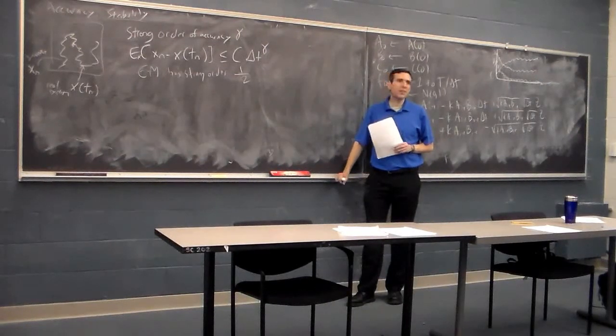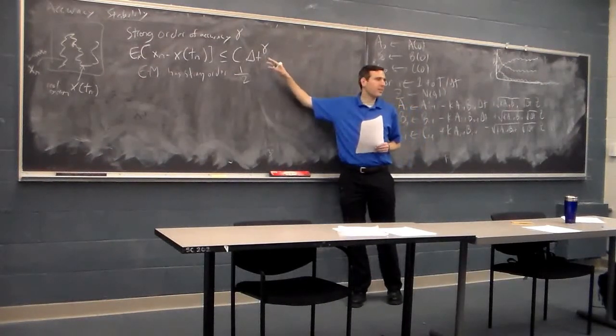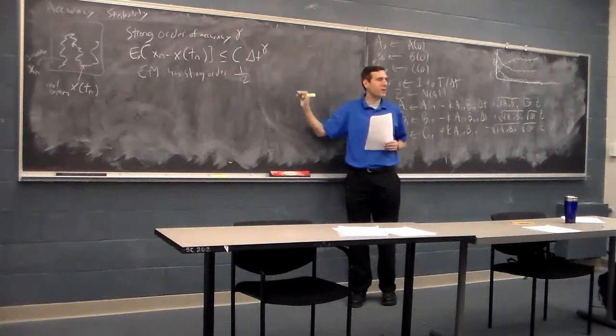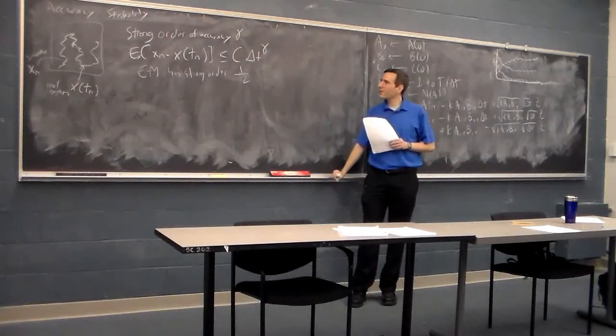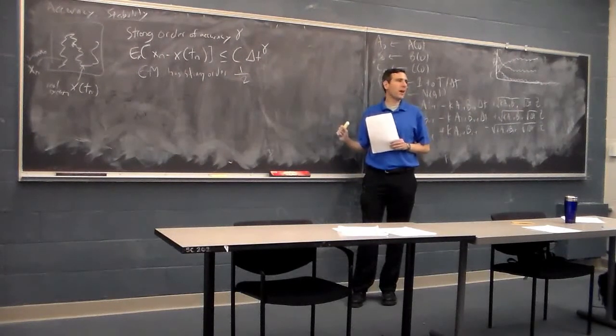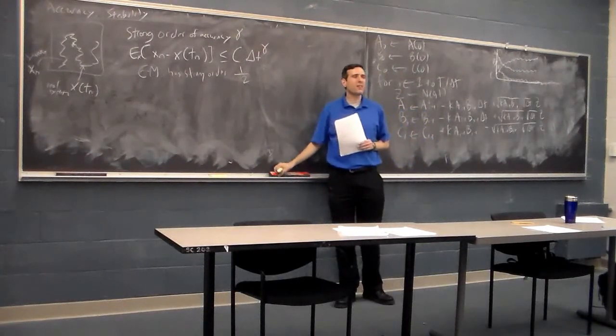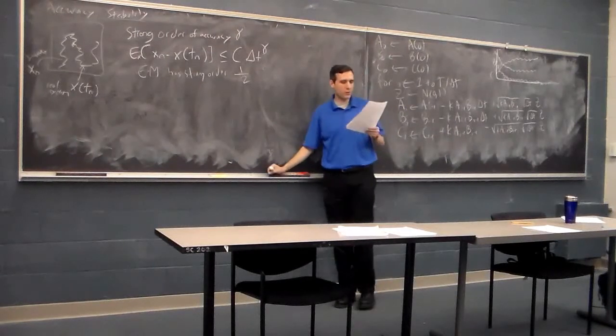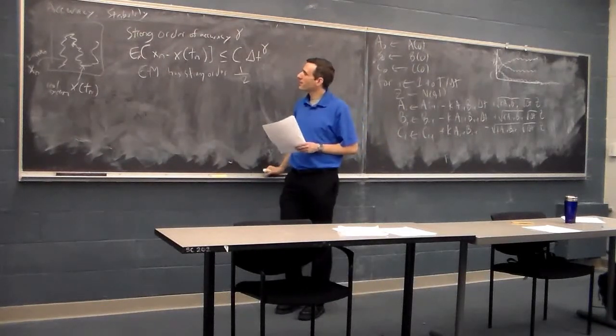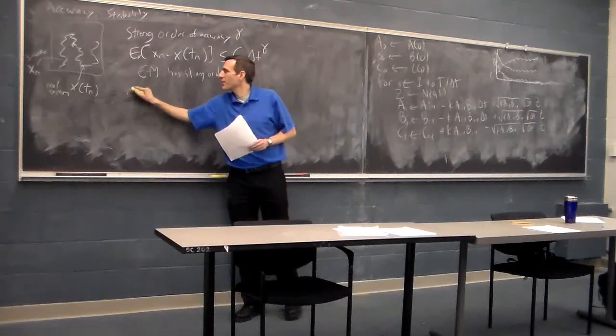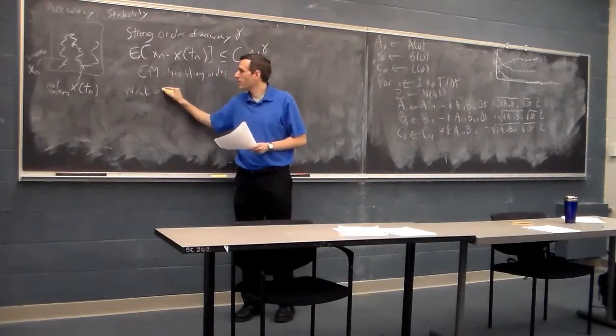So that is a pretty bad accuracy for these kinds of methods. It basically means that if you shrink the step size by a factor of 100, you reduce the error in your simulation by a factor of 10. So generally, you need to take pretty small steps with these kinds of simulations to get a reasonable model of your process. There's another definition called the weak order of accuracy.